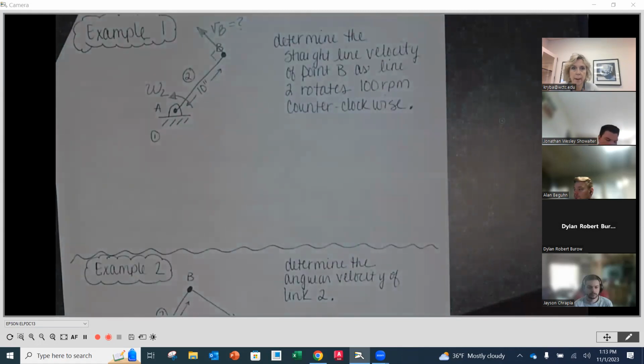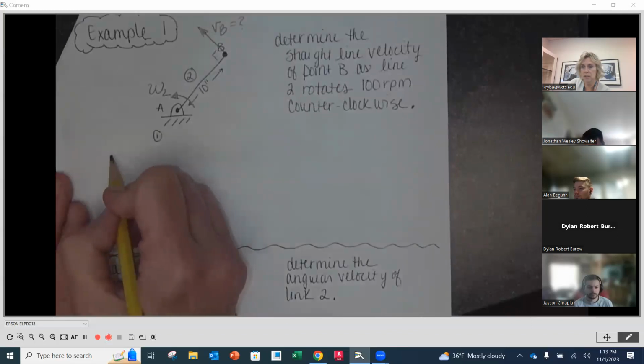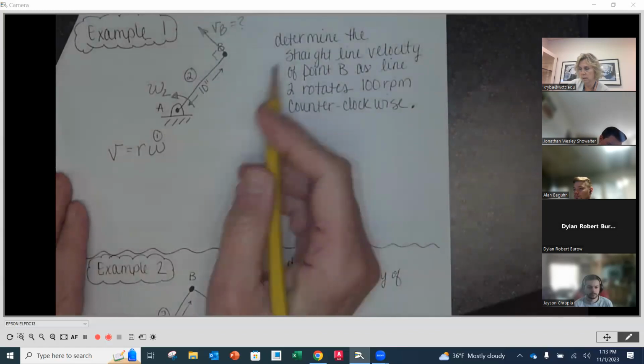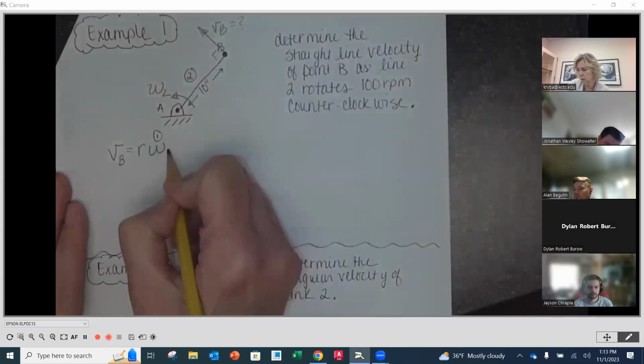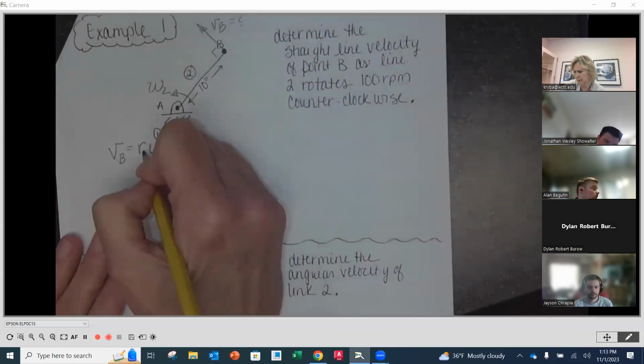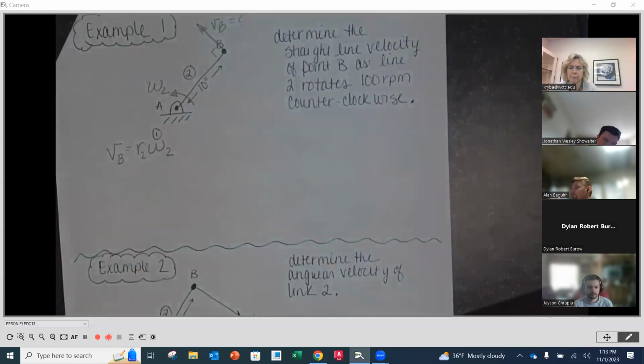That's what we're solving for. Now, to get that straight line velocity when it's rotating on a link, our equation is V equals RW, or VB equals R times W2. You could probably say radius of 2 if you wanted to, too.